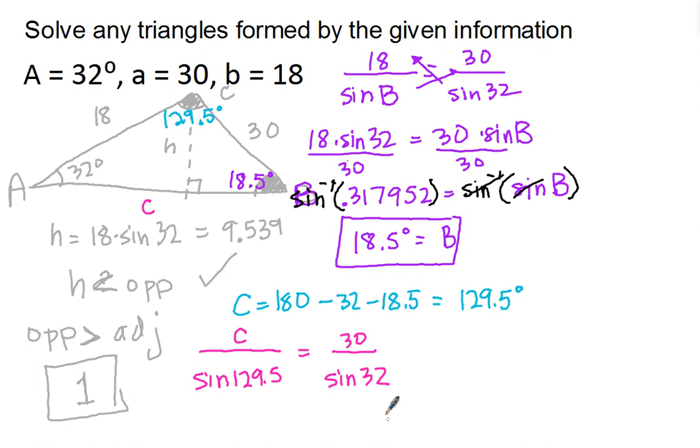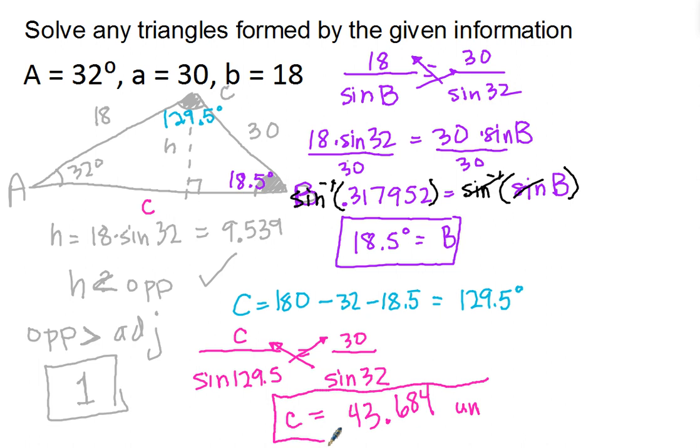So if you use the given values, you're always going to be right on track. So we cross multiply here, and then we divide. And when we do that in our calculator, 30 times the sine of 129.5 divided by the sine of 32, I have a C length of 43.684 units long.